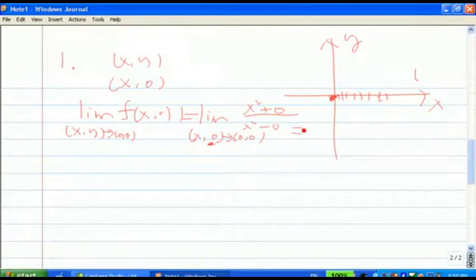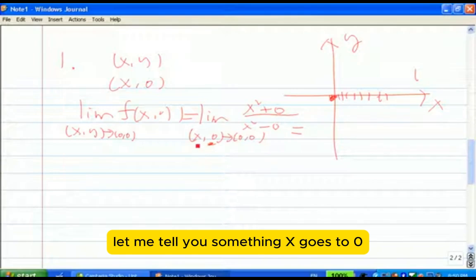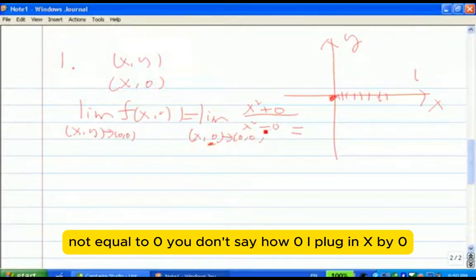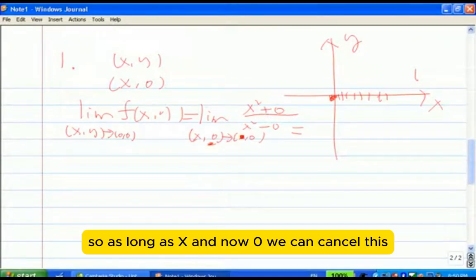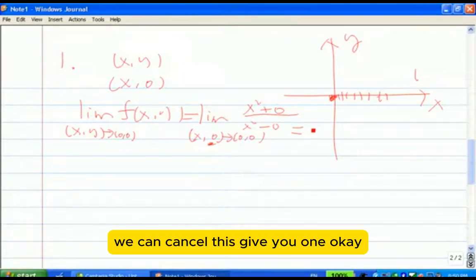Let me tell you something. X goes to 0, but is not equal to 0. You don't say, oh, I plug in x by 0, undefined. X goes to 0, but not equal to 0. So as long as x is not 0, we can cancel this, and it gives you 1.